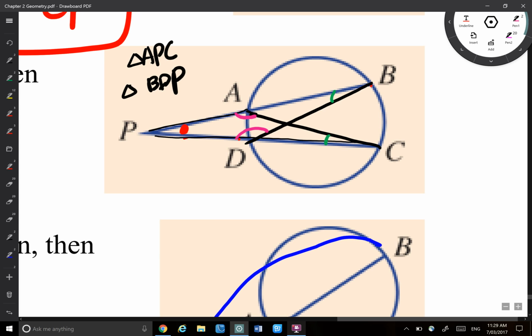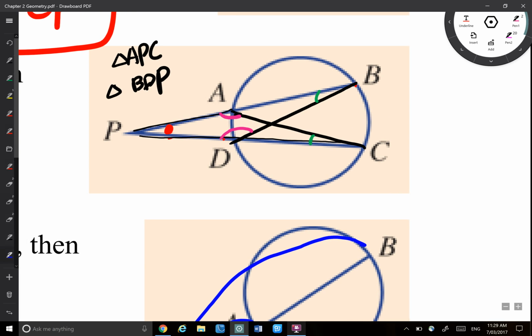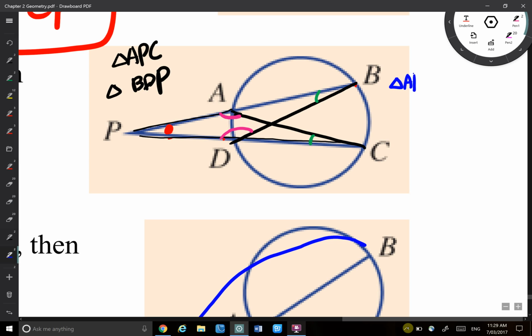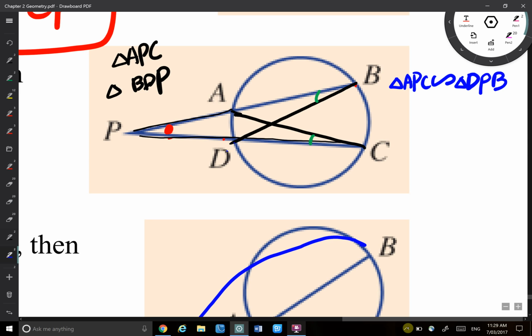Those two angles are the same. So I can write triangle APC is similar to the triangle, okay, APC, right? I'll start from this A, so D will be the corresponding point, and P will still be that point, and C will give you the corresponding point at B. So it's DBP. Okay, if I put that triangle in blue, we're looking for this triangle, that's the triangle in blue, and I put another one in pink.